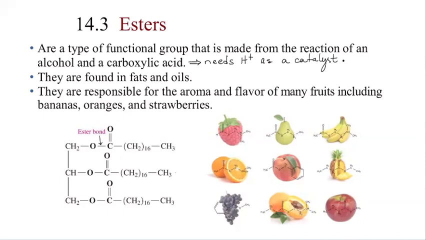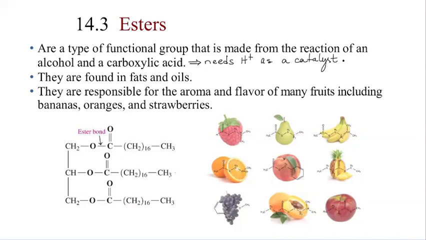Another place where we see esters is in structures that are related to the aroma and flavor of many fruits. So the image on the left is giving you the structure of, this is specifically a fat. And we're going to see what's the difference between fats and oils tomorrow. And you can see that this fat actually has 3 ester bonds in its structure.